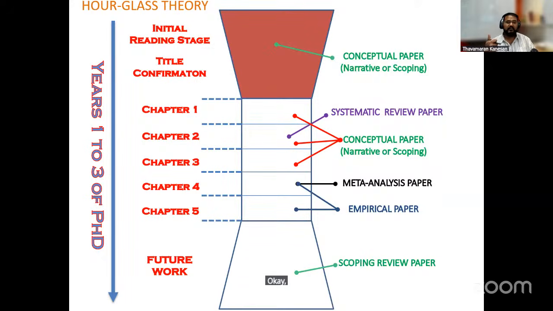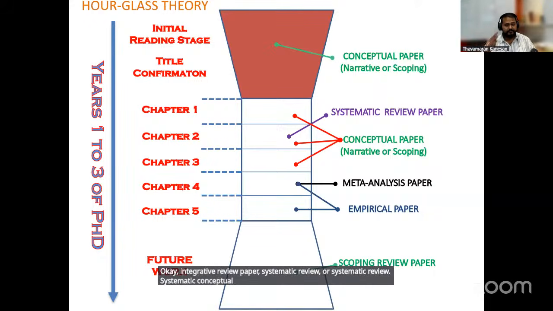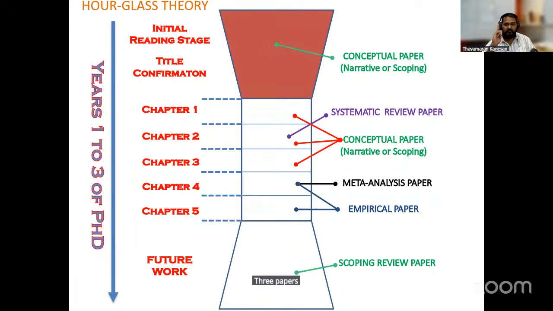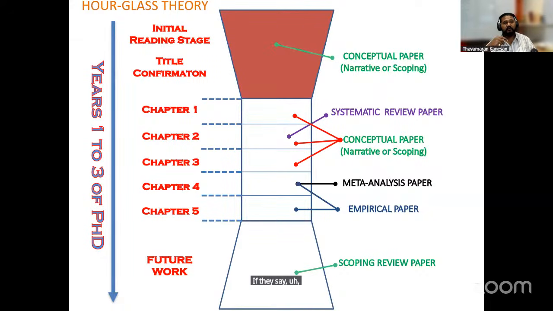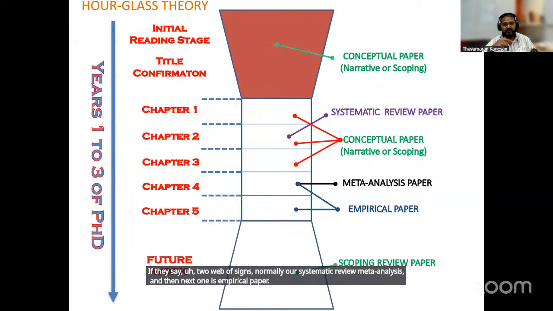That makes 3 papers, because most of them have 2 requirements to get accepted, 2 Scopus. If they say 2 Web of Science, normally I will say systematic review, meta-analysis, and then the next one is an empirical paper. All right, empirical paper.